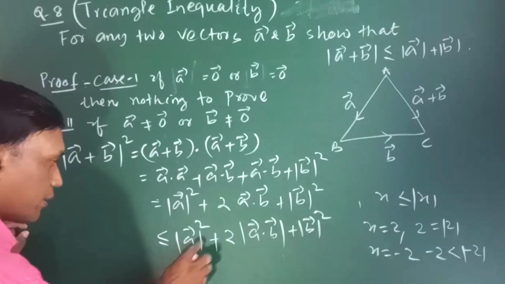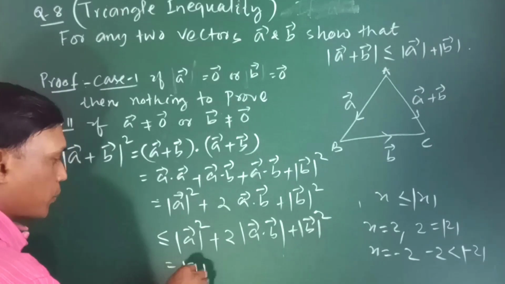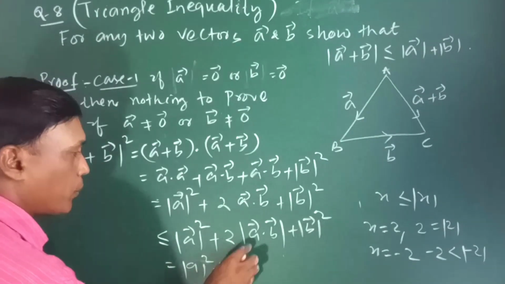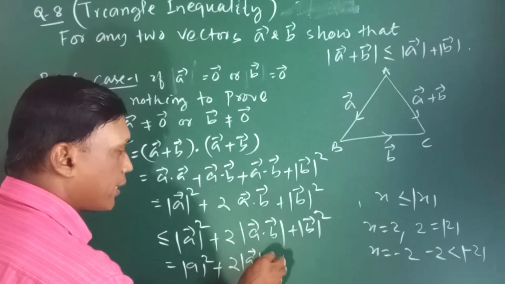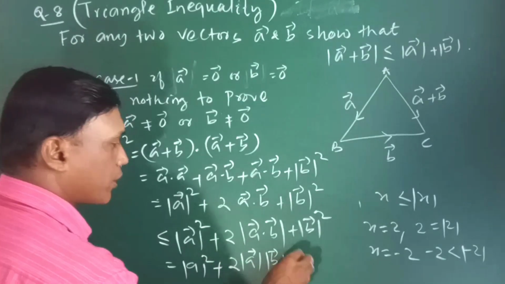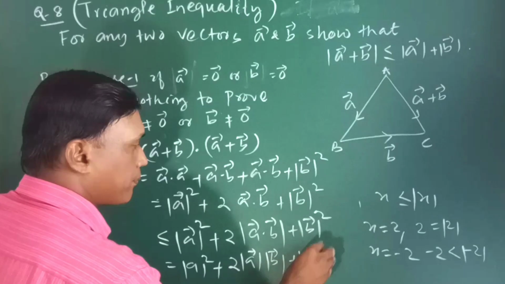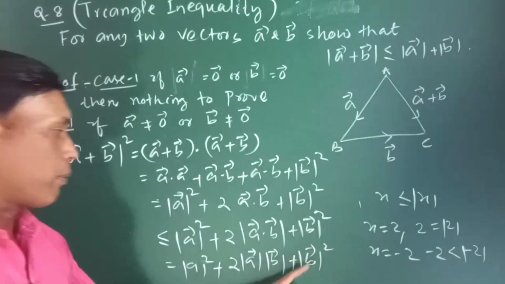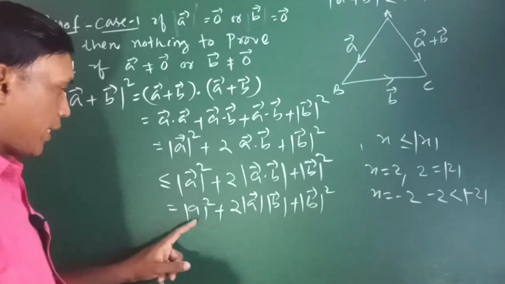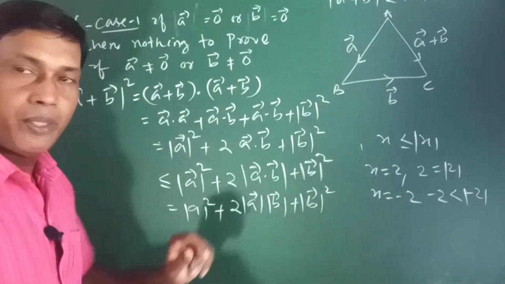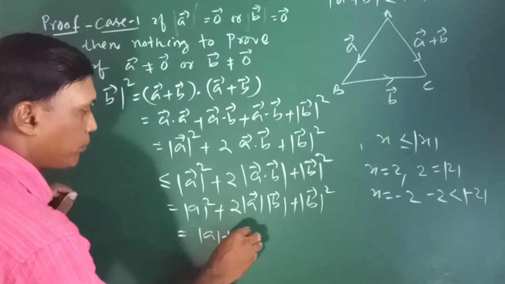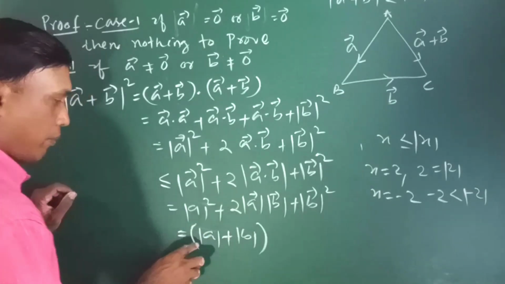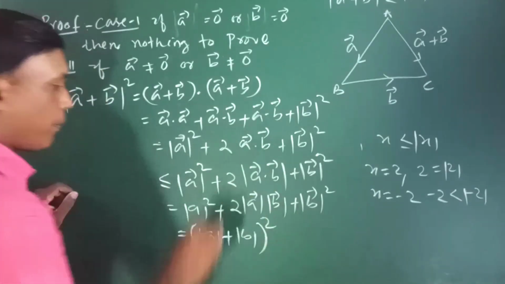Now this is equal to the square of the magnitude of a plus 2, the magnitude of a dot b means magnitude of a into magnitude of b, plus the square of the magnitude of b. Now a squared plus 2ab plus b squared, which is the square of the magnitude of a plus the magnitude of b.